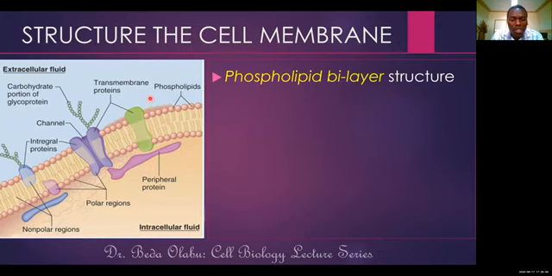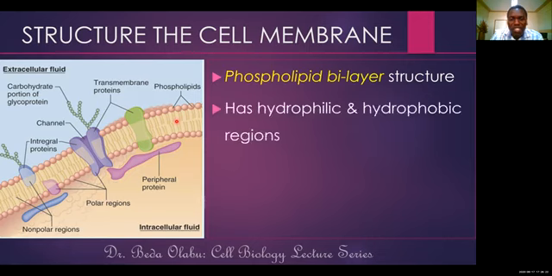This is a watery environment out of the cell, and this is the watery environment within the cell. The fatty acid chains are hidden away from the watery environment. Because the fatty acid chains are hidden out of the watery environment, this region of the cell membrane is therefore described as being hydrophobic.